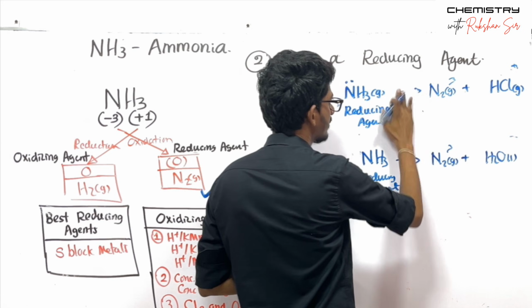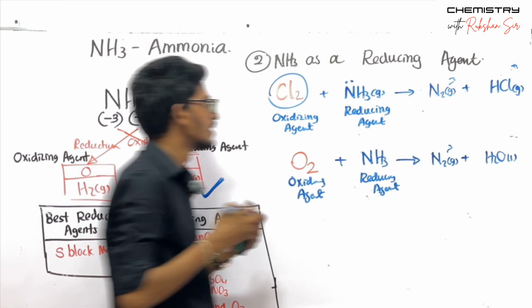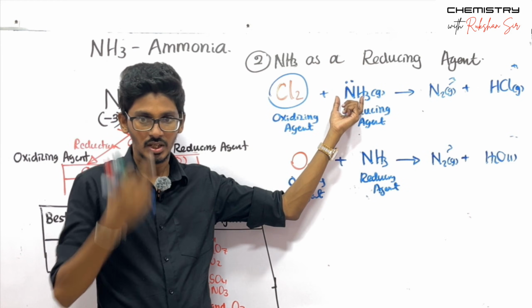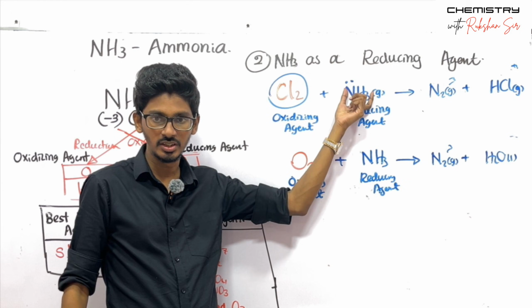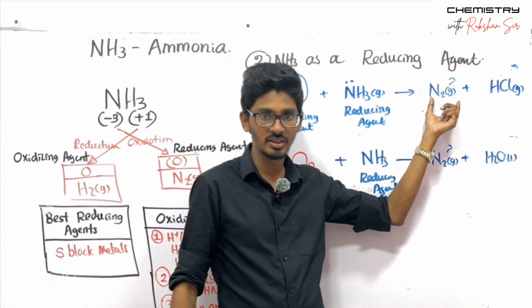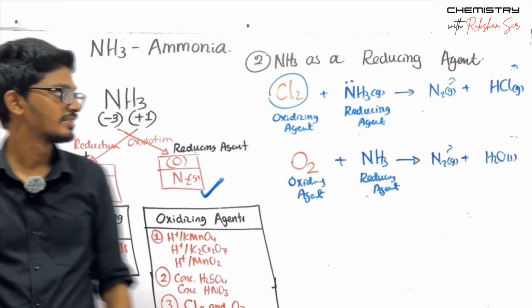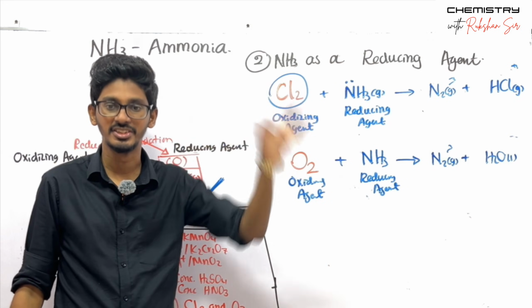So actually what happens with this reaction is that elemental chlorine reacts with the hydride of nitrogen to give you elemental nitrogen and the hydride of chlorine. See that pattern? It's just a hydrogen exchange.